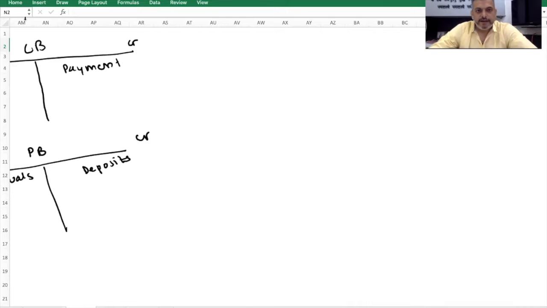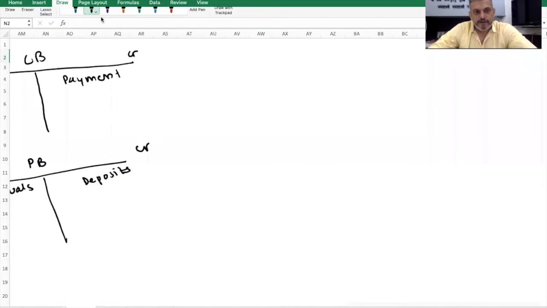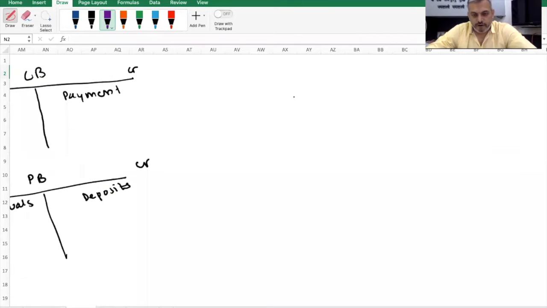So for that, till you become confident, you can use this format. In the cash book there can be two balances, one is debit and the other is credit. In the cash book, debit is a bank balance and in the cash book, credit is bank overdraft.